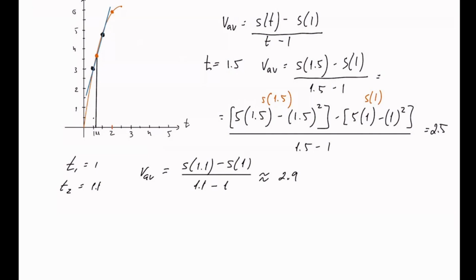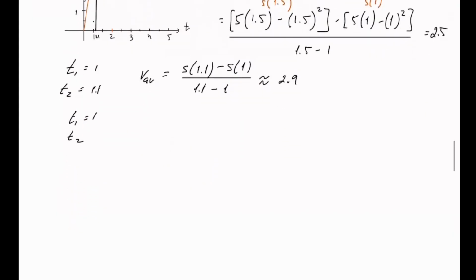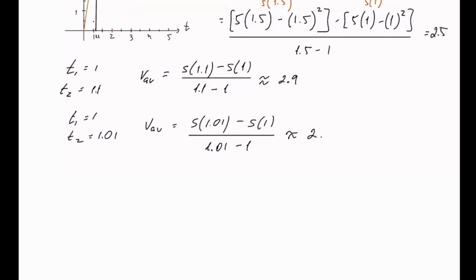And then if we take another point that is even closer, let's say T1 is 1 and T2 is 1.01, we'll have average velocity S of 1.01 minus S of 1 divided by 1.01 minus 1. We would approximately have 2.98. So as you can see, we're approaching the value of 3, right? So the instantaneous velocity at time 1 second is approximately 3 meters per second, right?